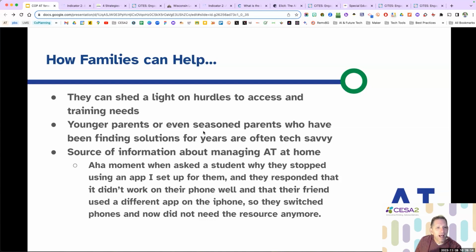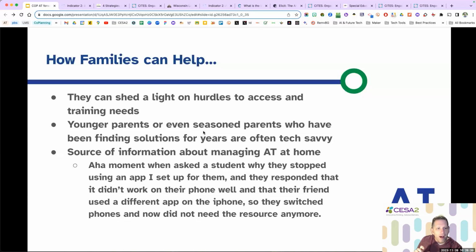I think families can help because younger parents, or even seasoned parents who have been finding solutions for their children for years, will have some tech savviness in areas that maybe their general ed teachers or even special ed teachers don't have. That could be a huge way families can help.